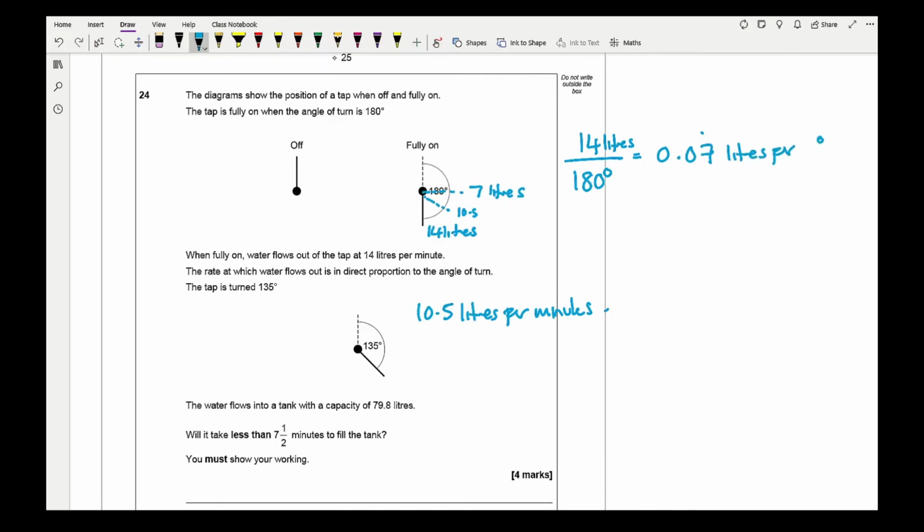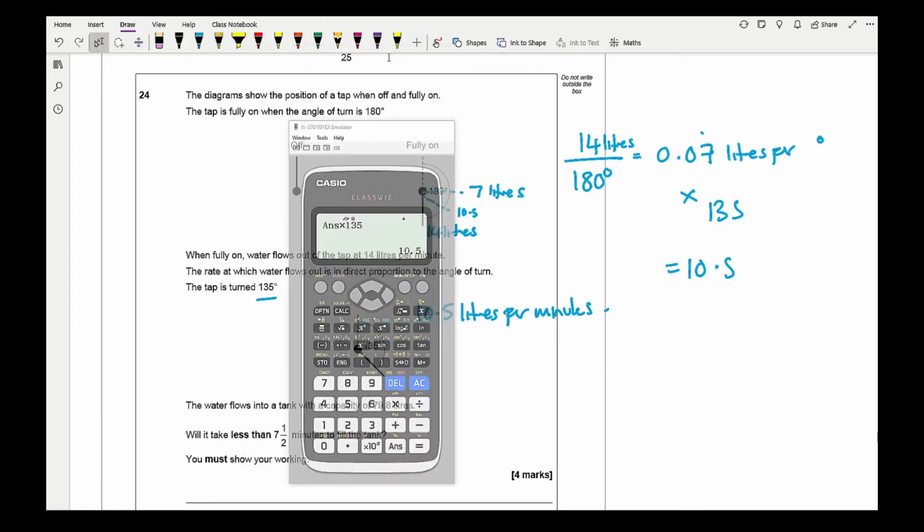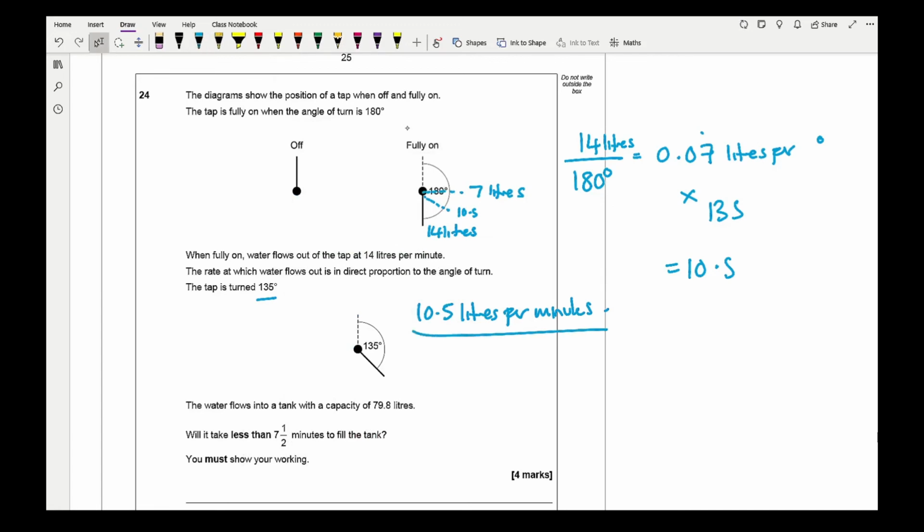And I've got 135 degrees. So if I times that by 135, it should give me 10.5. Let me just double check that is all okay. And yeah, absolutely spot on. So the rate I'm looking at is 10.5 litres per minute.